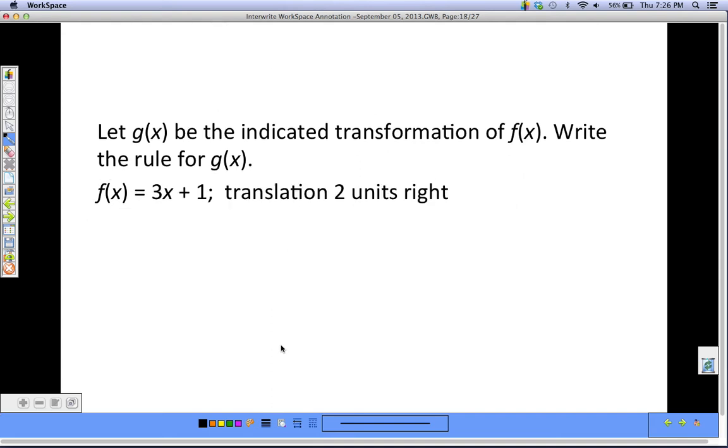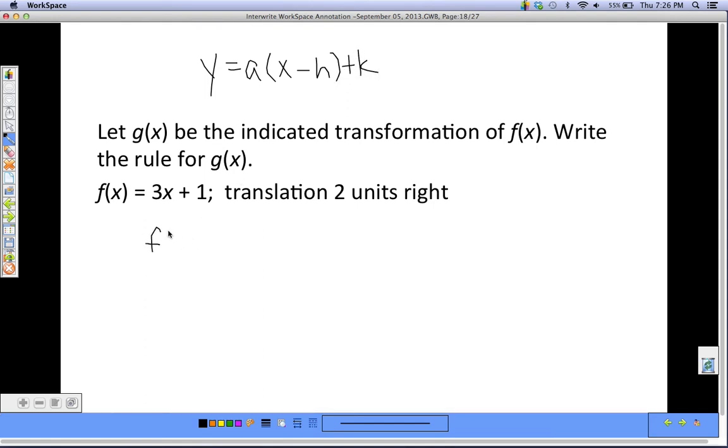All right. This one's a little trickier because it's now f of x equals 3x plus 1. We want to translate this 2 units to the right. This is still which kind of translation? It's horizontal, so it's going to be h.